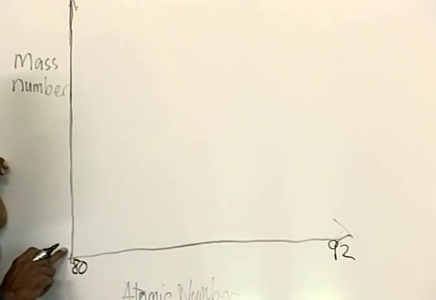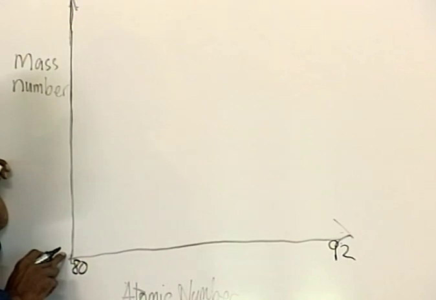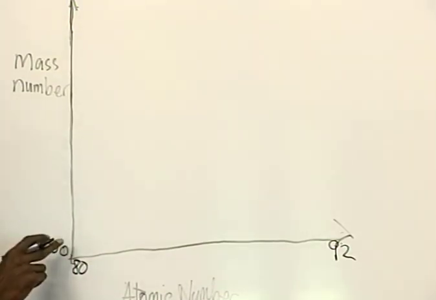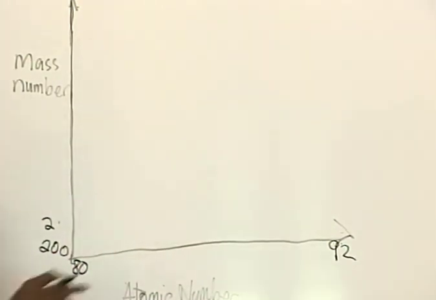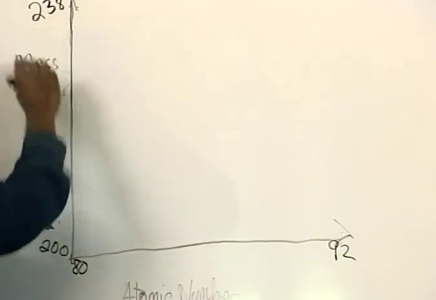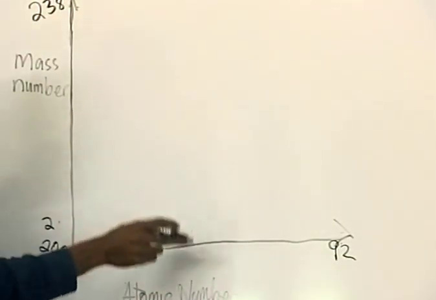For the mass number, it will be 207. You can start with 200, then 201, right up to 238. From there you put the points in.